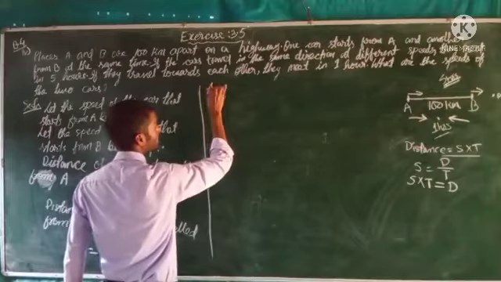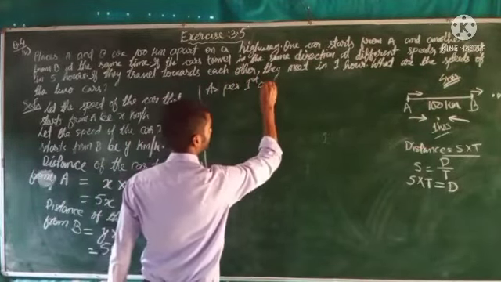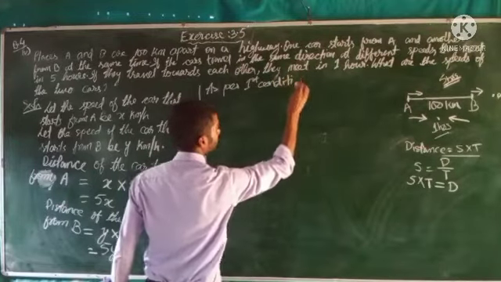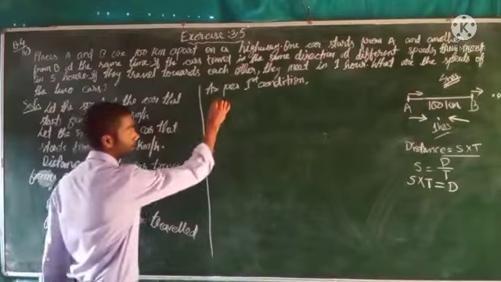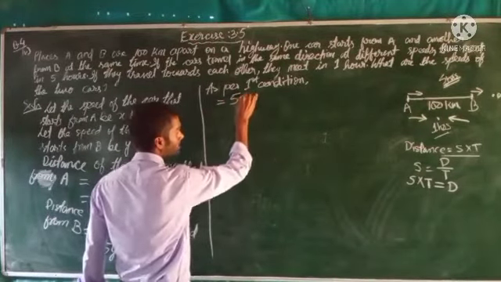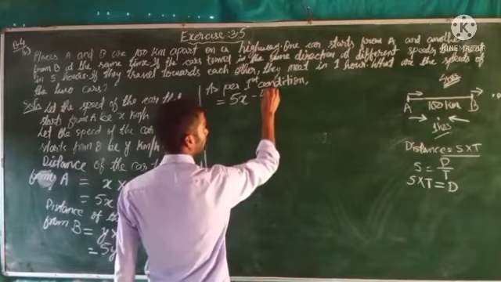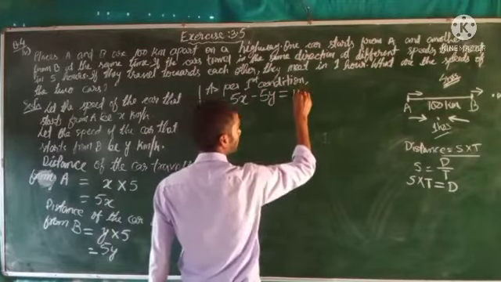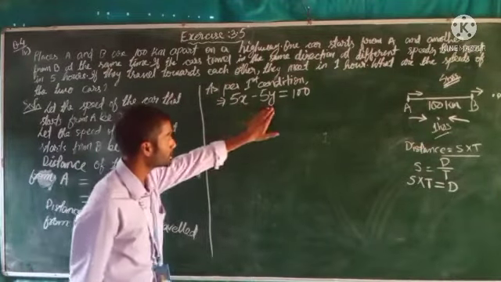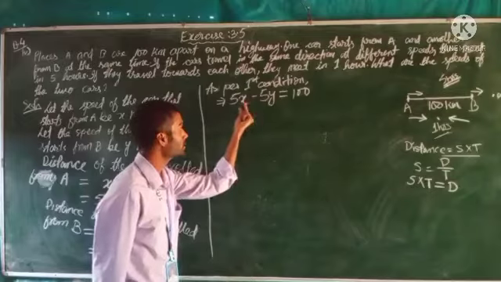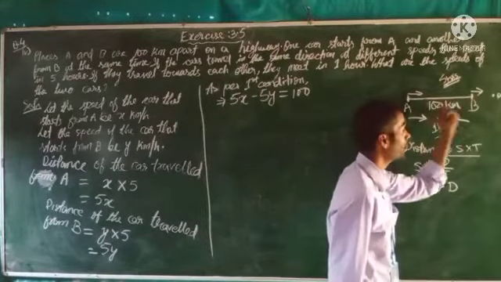As per the first condition, we can write 5x, that is the first point, minus 5y is equal to 100. The difference between their distances is equal to the distance that they are kept apart.